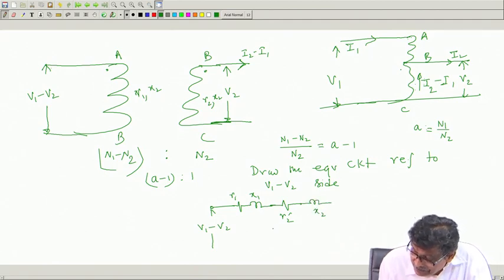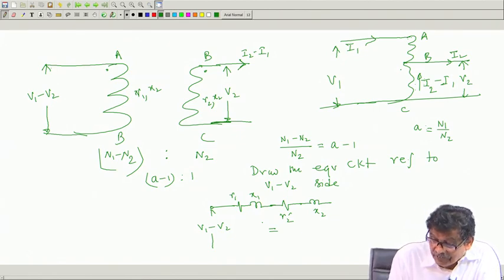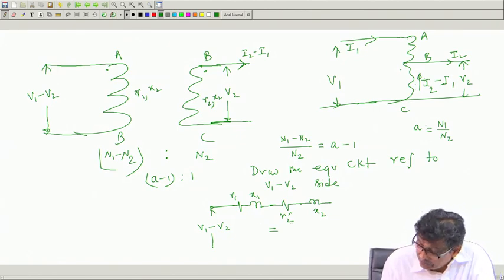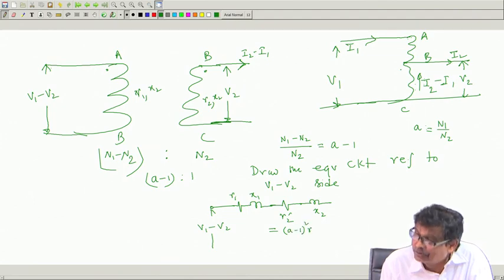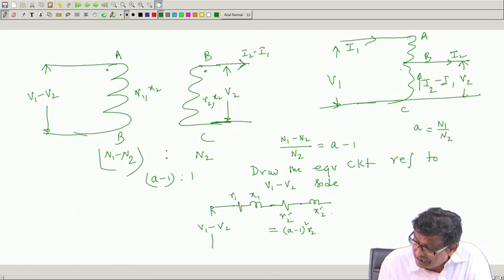Now, the big question is what is this R2 dashed in terms of R2? Turns ratio is this. So, this must be a minus 1 whole square into R2, not a square into R2. Similarly, this X2 dashed should be equal to a minus 1 square into X2.